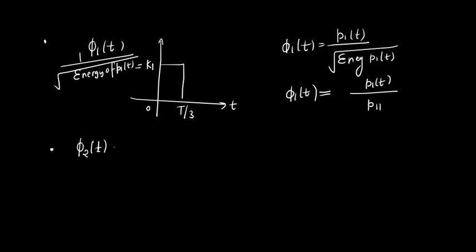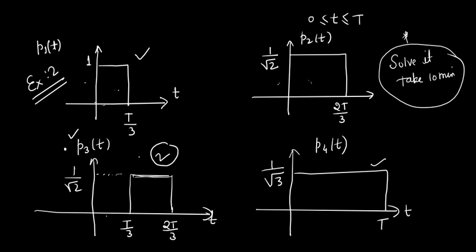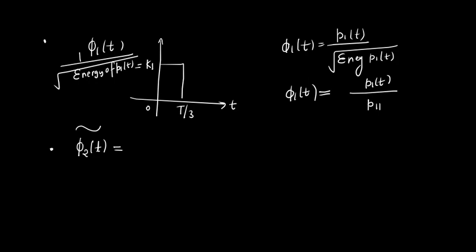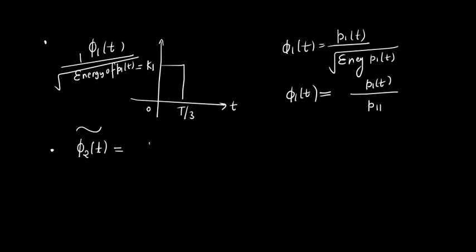So, I can say that phi 2 tilde t is, because nobody can stop me, whichever one is 1, 2, 3, 4, you can take it here also, but I am just taking this. What will phi 2 tilde t be?